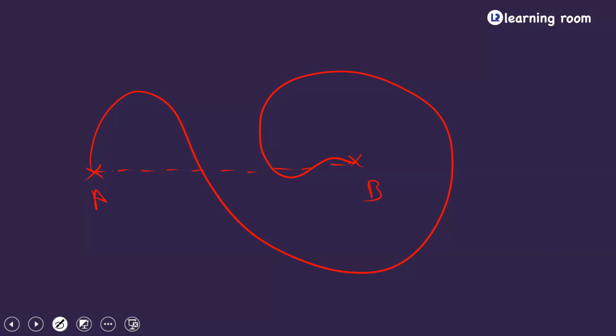And can you travel negative distance? That doesn't make sense, right? So distance is always a positive quantity, and distance can never reduce with time. But displacement can be positive, negative, and zero.